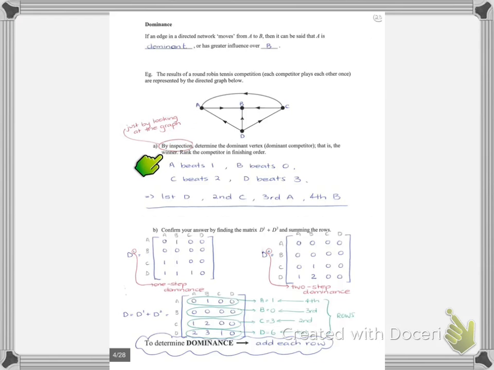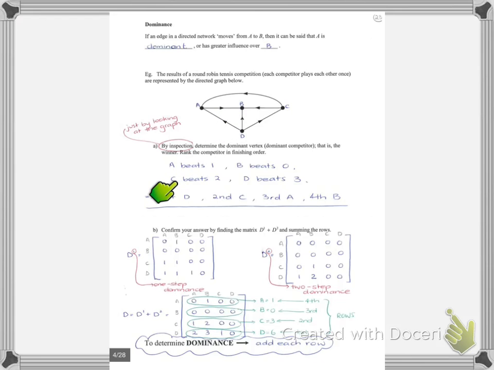So in this example we're going to look at how we can determine the dominant vertex. So we can see that A beats one of the others. Who is that? A defeats B. And we can see that B beats nobody. If you look at B, there are no arrows leaving B. So all the arrows are incoming towards B. It's being defeated by everybody.